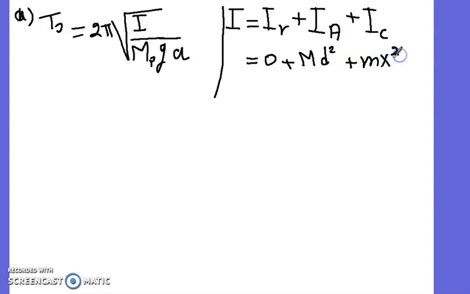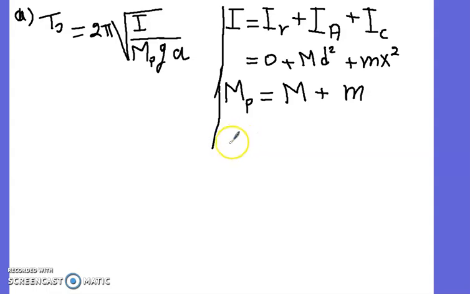You know, the moment of inertia of a particle with respect to delta is m r squared. You remember the rule. Now, the mass of the pendulum is the mass of the particle at point A plus the mass of the particle at point C.